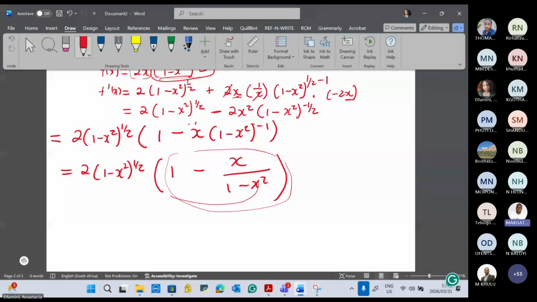Ma'am, previously you started by taking the one with the negative half down. But when we tried to factor out, I don't think we were able to. Can you try to do it like that? You can still factor out even if you put it like that. It's just that you need to remember your exponential laws. When we factored it out, I thought below we were going to be left with 1.